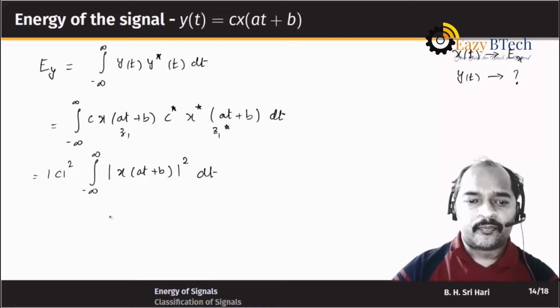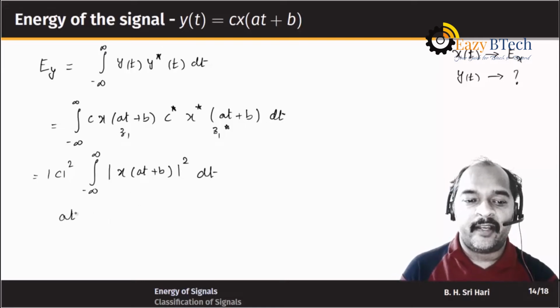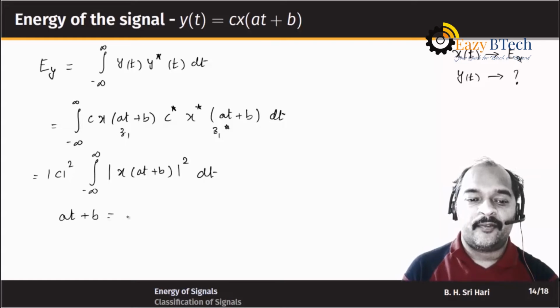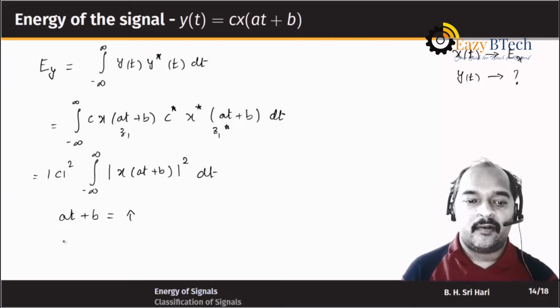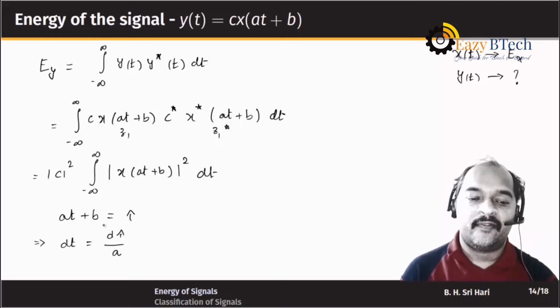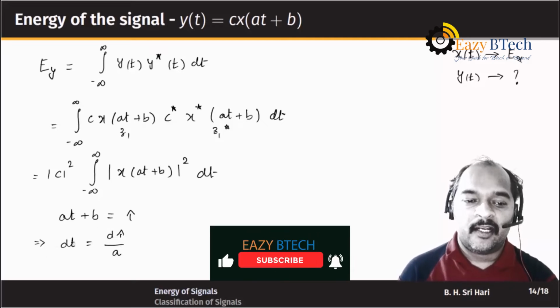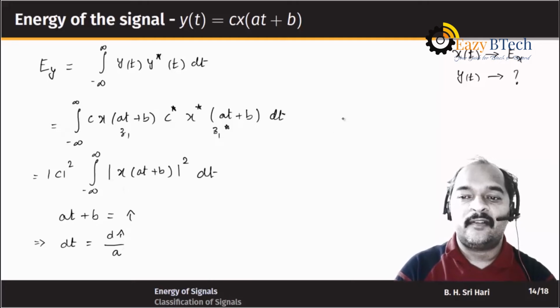Okay, now let us do the change of variables, which is at plus b equal to, let's call that some tau. Okay, so let at plus b equal to tau. So this implies what? We get dt to be equal to d tau by a. Correct. So if you differentiate, b is gone, so we'll get dt to be equal to d tau by a. So let us substitute in this equation. So what do we get?